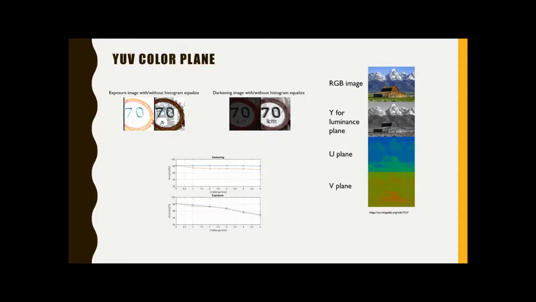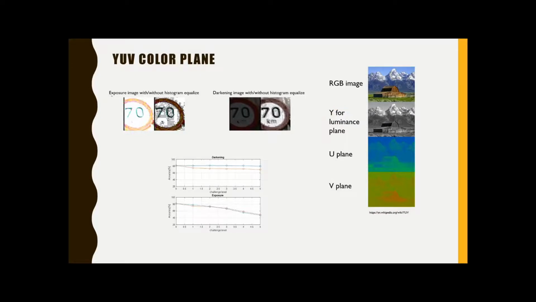The U represents the difference between the blue channel and the brightness, and the V represents the difference between the red channel and the brightness. So with the brightness information, we can apply histogram equalization only on the Y plane. After that, we merge those 3 new planes into a new picture and then transfer this picture back to the RGB color space.